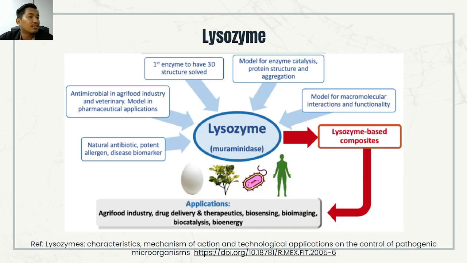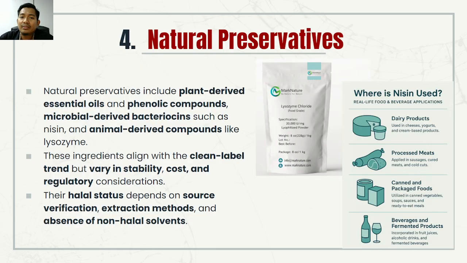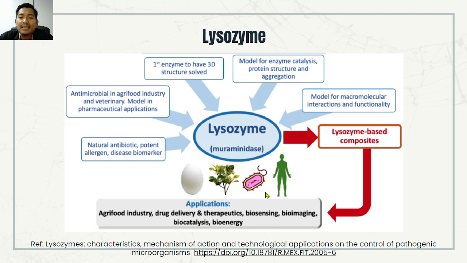Lastly, on the lysozyme. Lysozyme is part of natural preservative. This is the article: lysozyme characteristic, mechanism of action, and technological application on the control of pathogenic microorganism. That is how lysozyme reacts in food. The name is muramidase, sourced from egg, from plant, and even from microorganism. The application is in agri-food industry, drug delivery and therapeutic, biosensing, bioimaging, biocatalysis, and bioenergy.